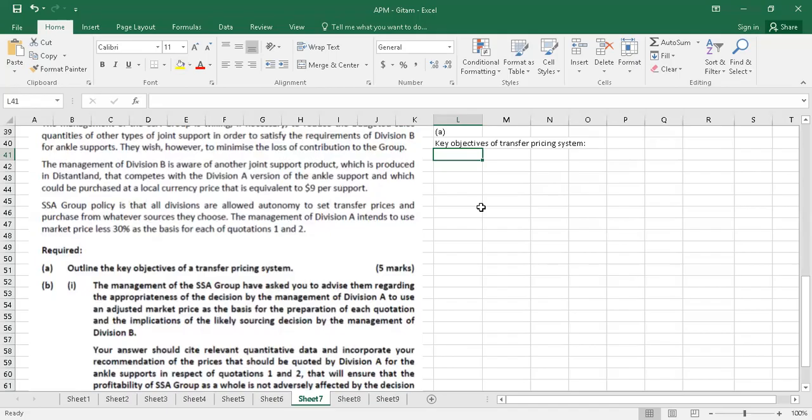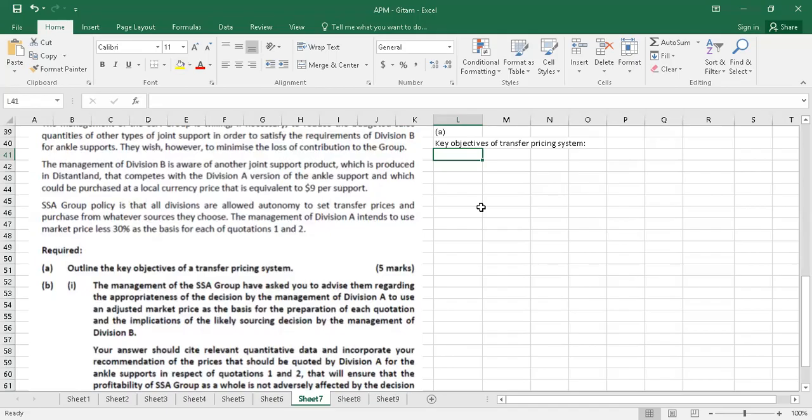What do you think is the objective of the transfer pricing system? The first one would be performance management, because it is not that anything is produced and supplied to anyone. No, it is all based on how they are performing. So performance management is one aspect.